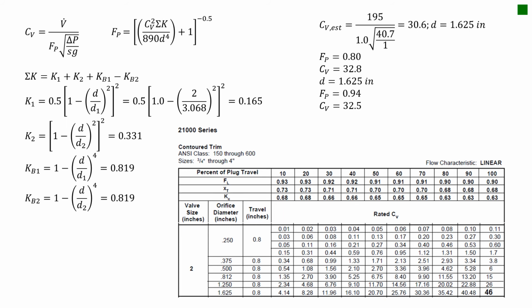So I'm confident that that 2-inch valve with a 1.625 inch orifice diameter will definitely allow me to control the flow at 195 gallons per minute. In this case, the valve opening under that condition is going to be somewhere between 70% and 80% opening at that maximum flow.